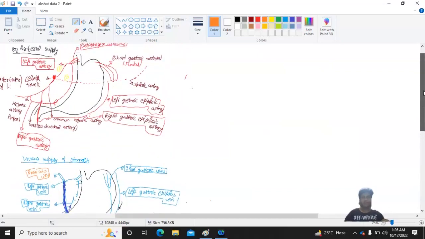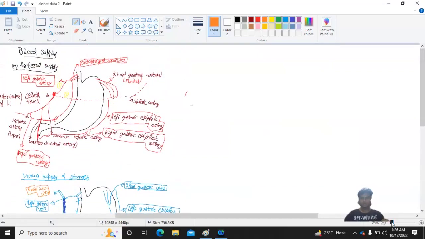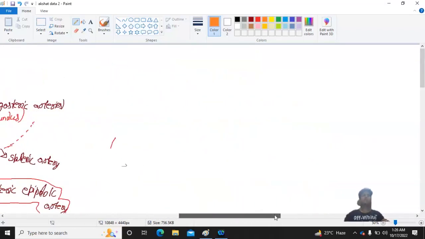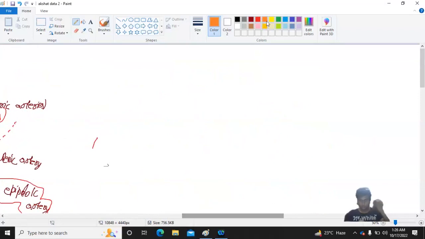Now to cover the blood supply, sorry, the nerve supply of the stomach. So, nerve supply of the stomach.